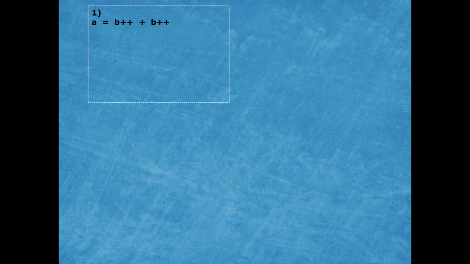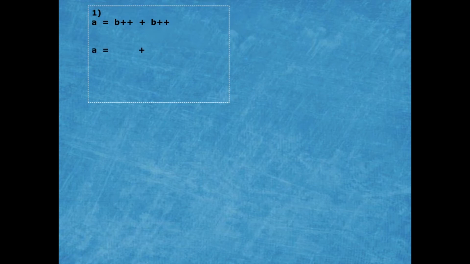Now remember that the precedence of unary operators is highest, and the plus plus which you see over here, this one and this one, they are unary operators. Moreover, their associativity is left to right. The associativity of all other unary operators is right to left. However, the associativity of plus plus and minus minus is left to right. So keep that in your mind.